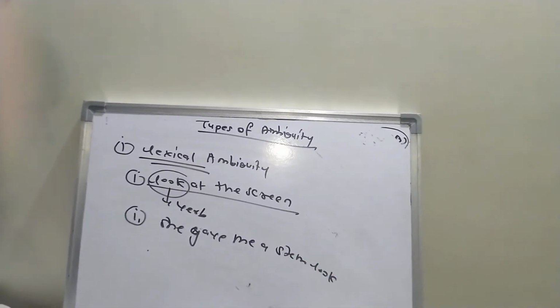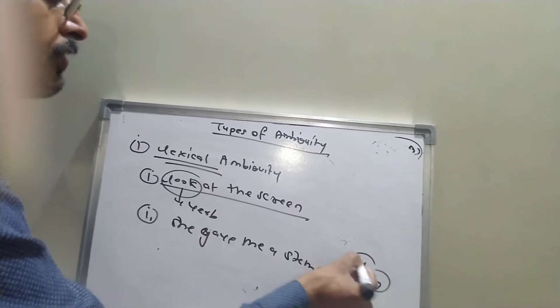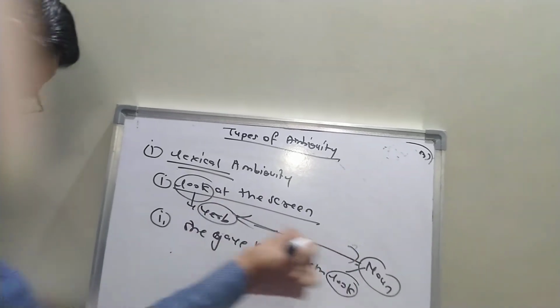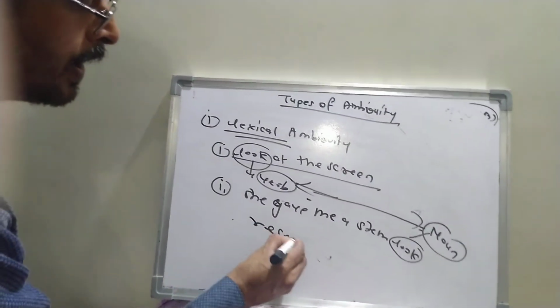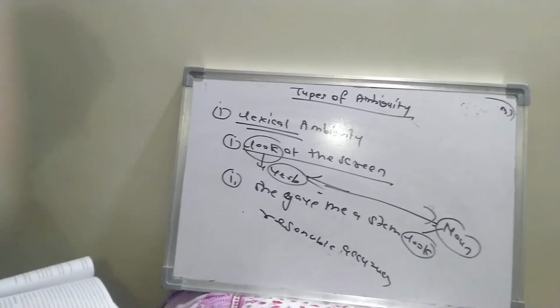Here, look is working as a noun. So this noun and this verb are ambiguous. However, this type of ambiguity is viewed as part of speech tagging in NLP and is considered to be solved with reasonable accuracy. This type of ambiguity can be solved with reasonable accuracy.